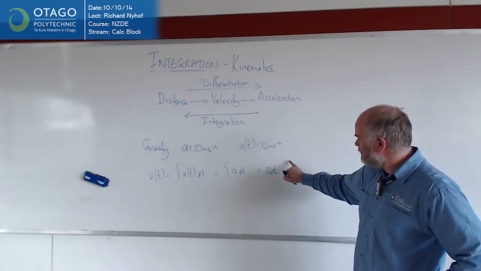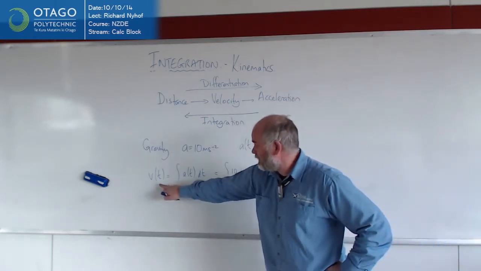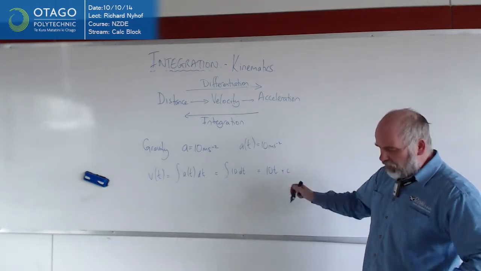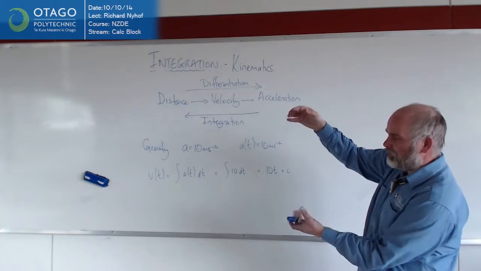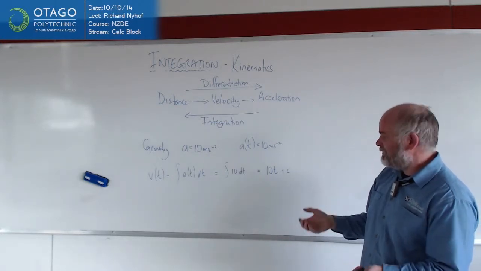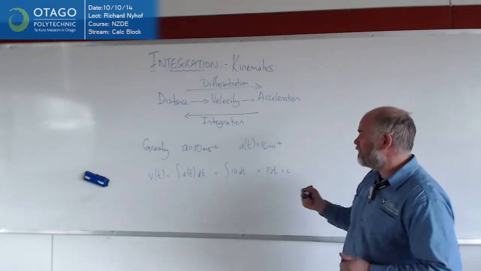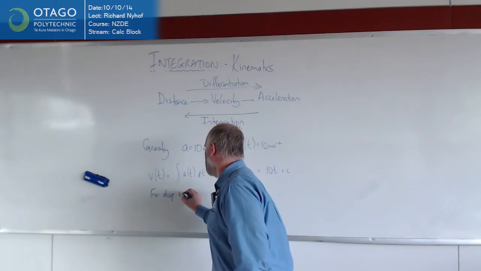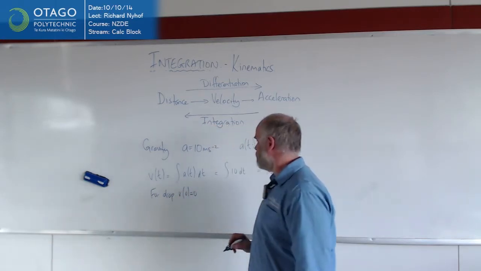This constant is a velocity thing because it's part of the velocity function, and we've got to decide what it is. If I'm just dropping my thing, then at the start time, when t equals 0, the velocity will also equal 0. So for a drop, the velocity at 0 equals 0.